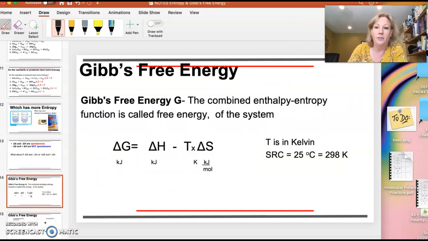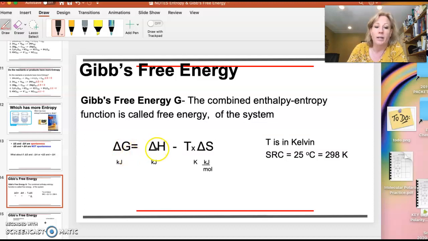And Gibbs free energy is a calculation that we can do. It's the letter G. So we calculate the delta G, or the change in Gibbs free energy. If it's a negative value, then the reaction is spontaneous at that given temperature.